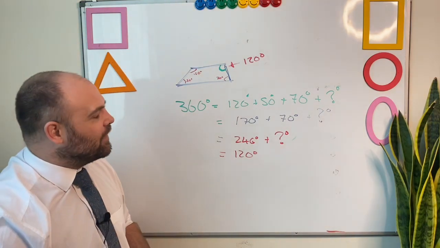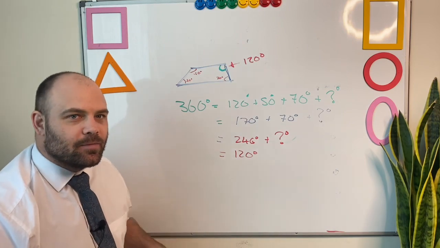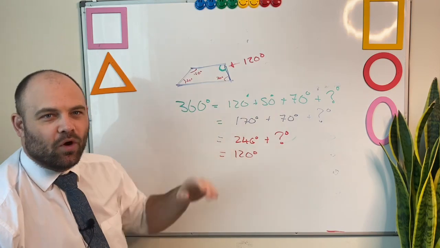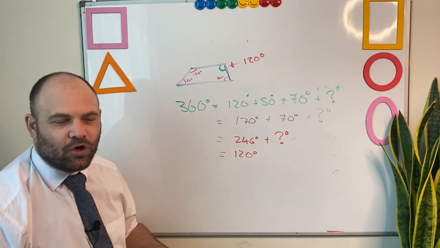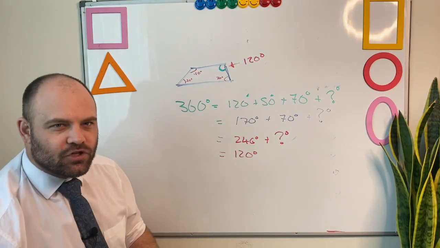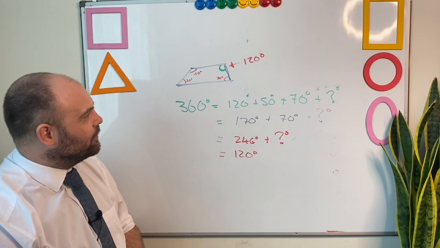Again, this is very similar to some of the problems that we did recently, finding the missing values. I love this type of work where there's a puzzle to be solved and you just need to figure out what information you've got, what information you're missing, and try and figure out what the missing value is.